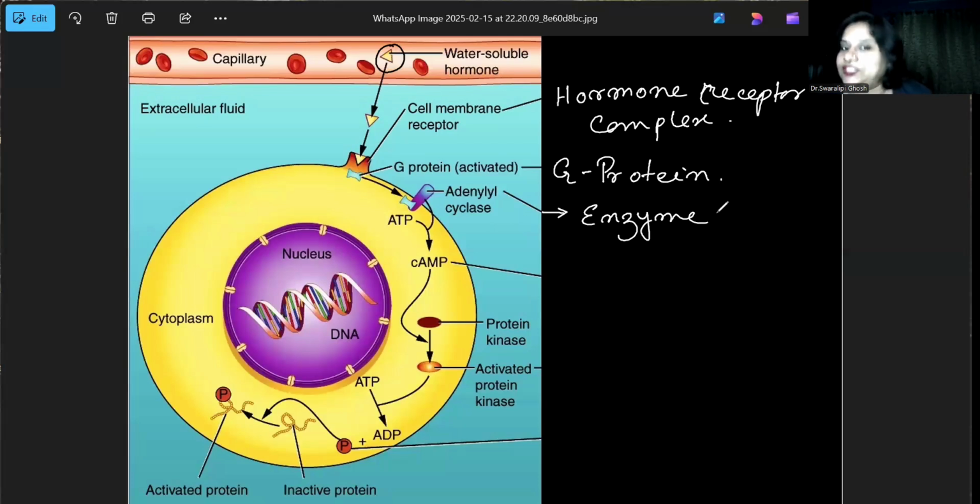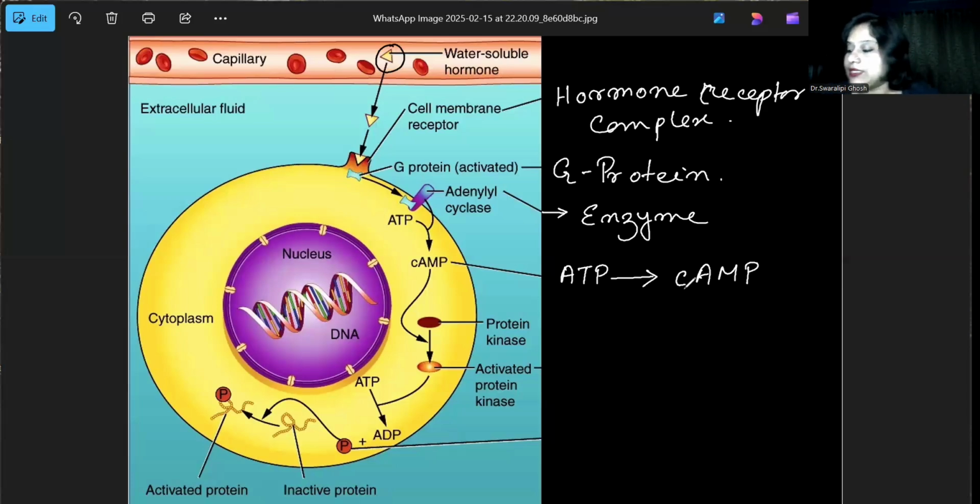With the connection with the activated G protein, that adenylyl cyclase is getting activated, and it is converting adenosine triphosphate to cyclic adenosine monophosphate.